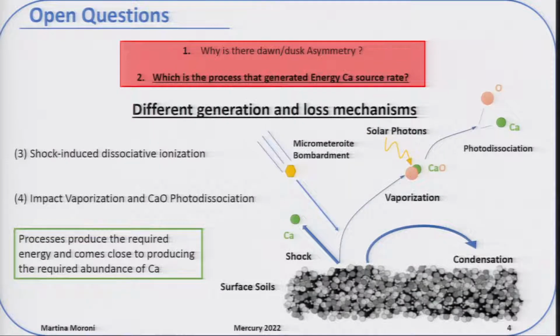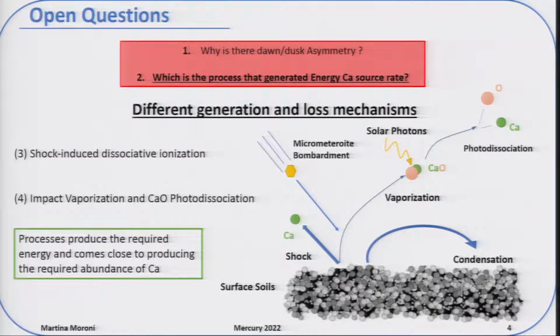So now we concentrate on which process generated this exosphere. I list two different processes. The first is shock-induced dissociative ionization, represented in this schematic figure, in which the micrometeorite impact bombards the surface and releases calcium in molecular form, principally as calcium oxide.